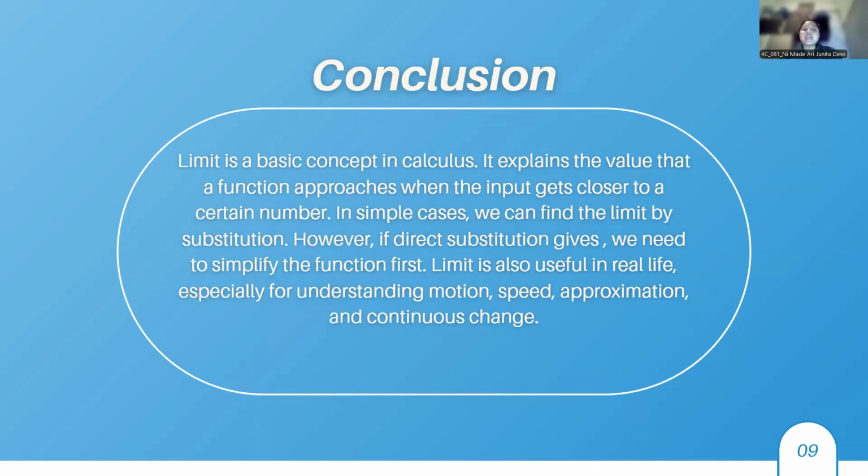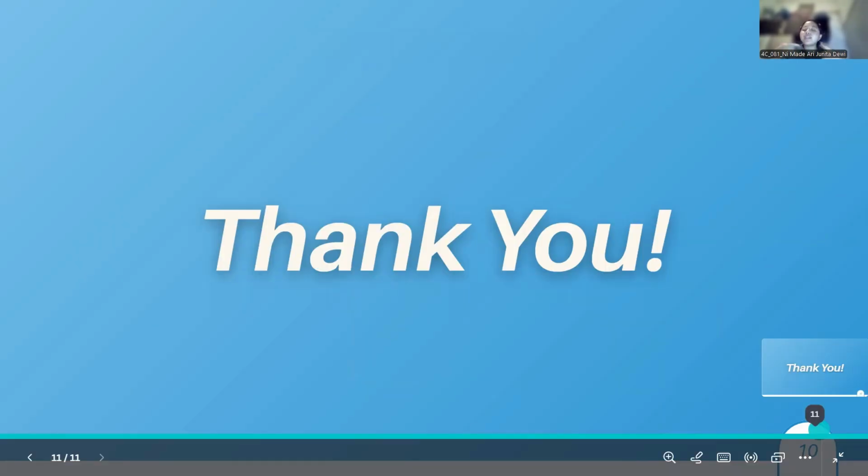And fourth, if direct substitution gives 0 over 0, we may need to simplify the expression first. And finally, limit is useful in real life, especially for understanding motion, speed, and continuous change. So, limit is not only a formula, it is a concept that helps us understand how values change and approach something. That's all for our lesson today.